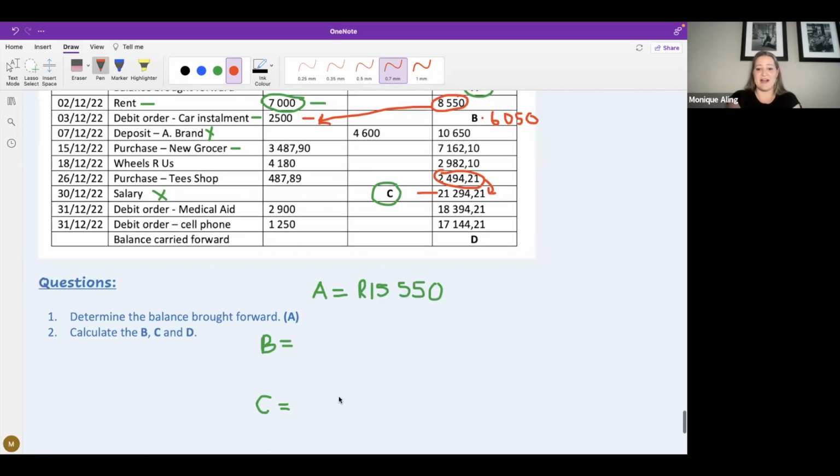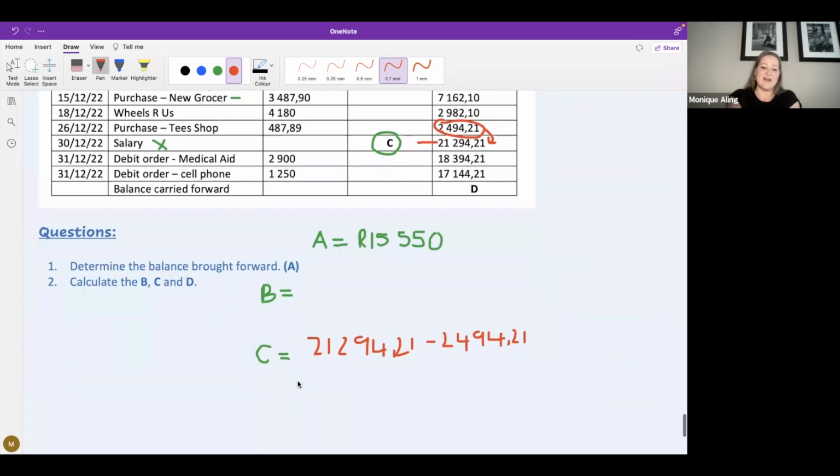Okay, so to work that one out, we'd say 21,294.21 minus 2,494, which gives us an answer of 18,800.